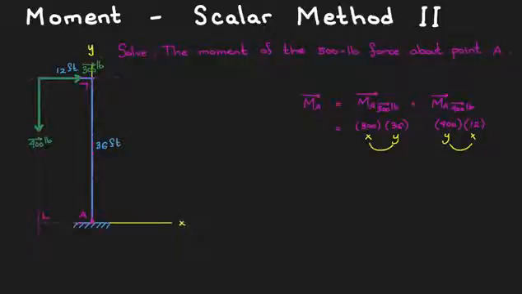According to the coordinate system given, positive x-axis is positive to the right, and positive y-axis is positive up.